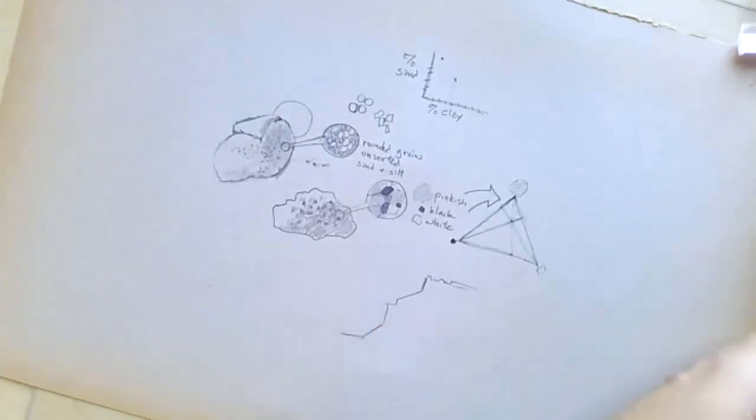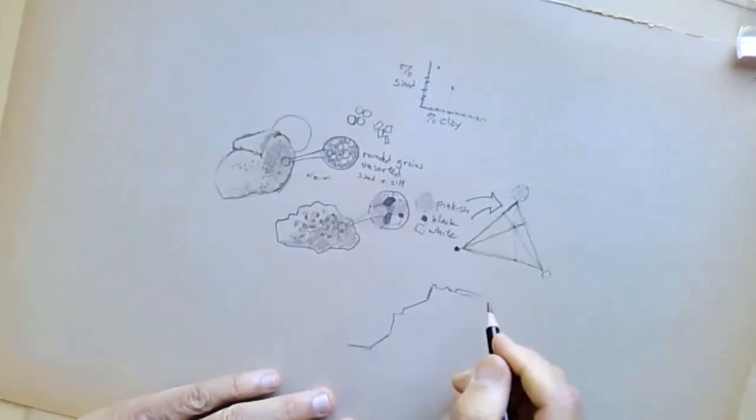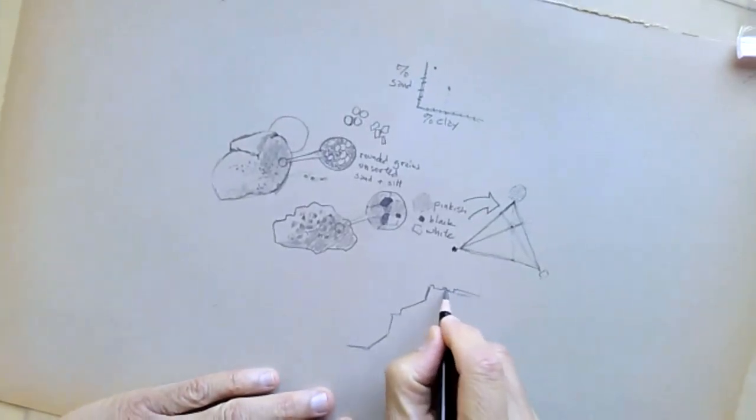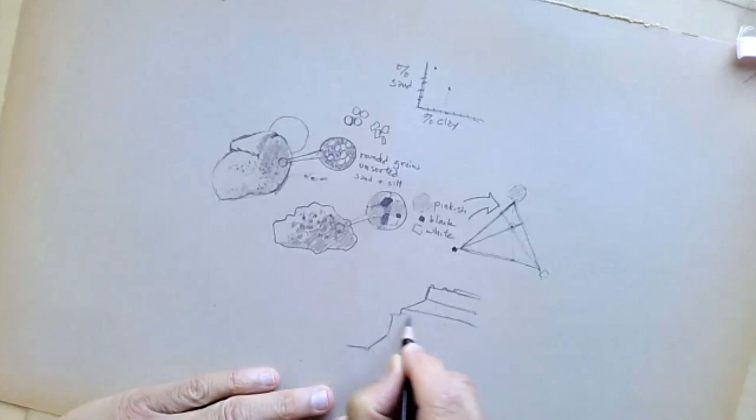I can draw the image that I see in the landscape. I can also make a diagram of it. And really what I'm looking at here is there is one layer here, there's another layer here, another layer here, and another layer here.